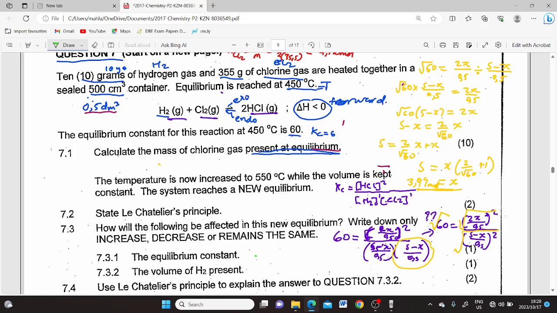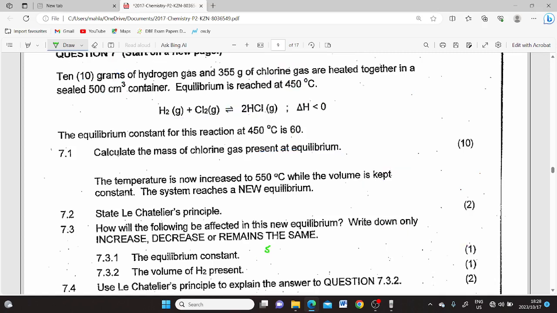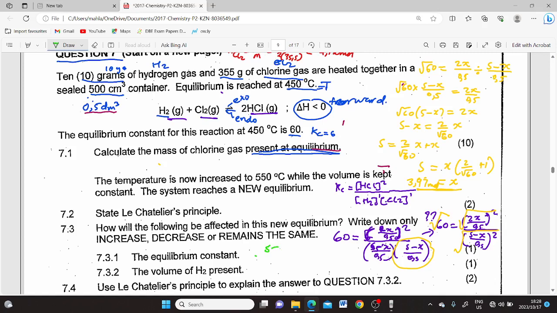At equilibrium we'll have 5 minus 3,97. So that is the number of moles at equilibrium.